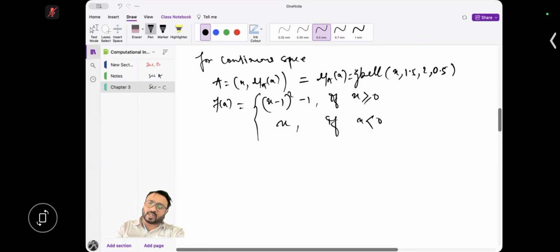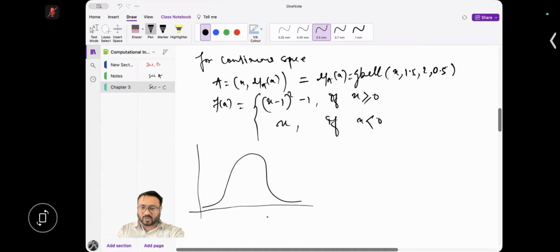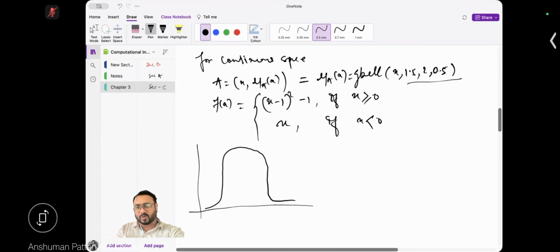So draw these two diagrams. This is Bell MF. I'm just giving the hint. I'm not solving it. This is Bell MF, not like this. We'll construct something like this. Try to apply the logic for this 1.5, 2 and 0.5, and apply this and try to solve and figure it out.